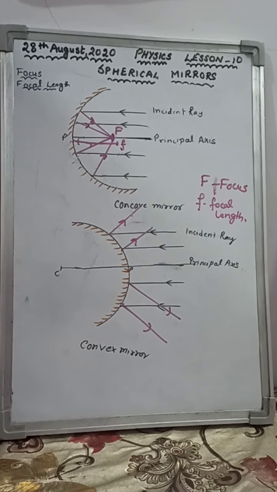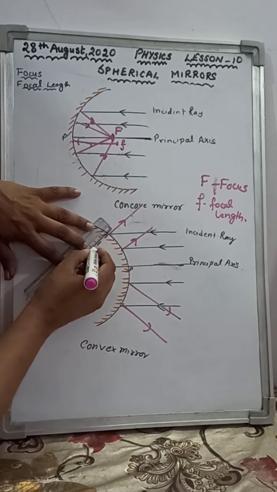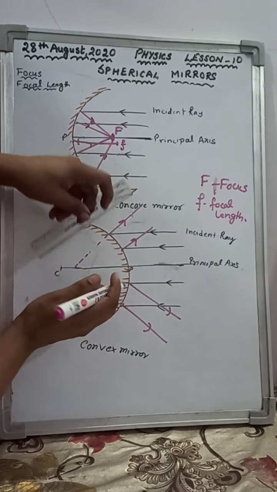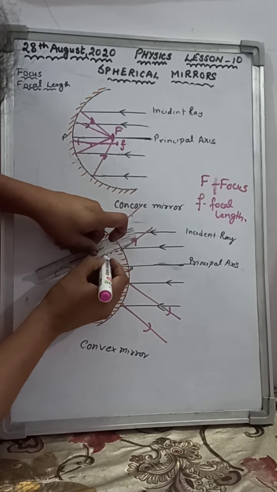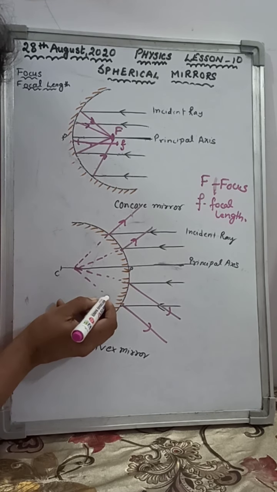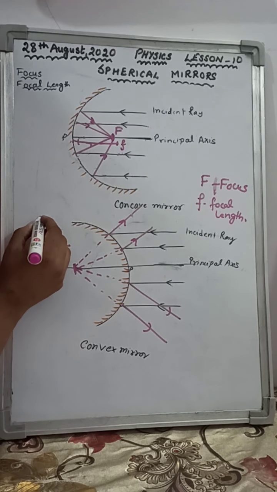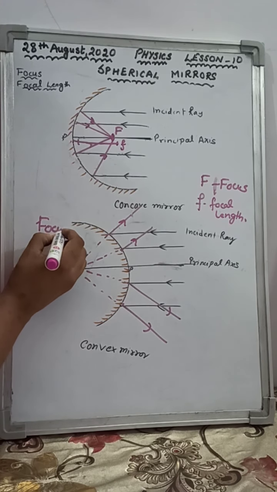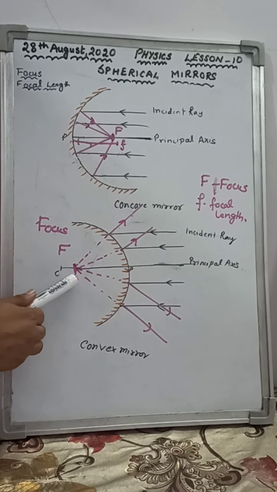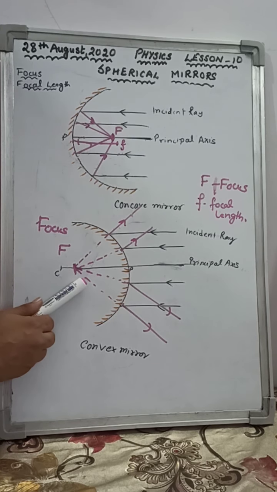These are your reflected rays. They will not meet. But if you produce them behind the convex mirror, they appear to meet at a point on the principal axis. So this point is the focus of the convex mirror, where the rays are not actually meeting but appear to meet on the principal axis.